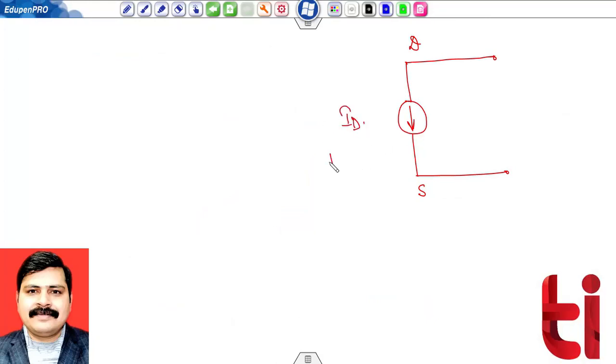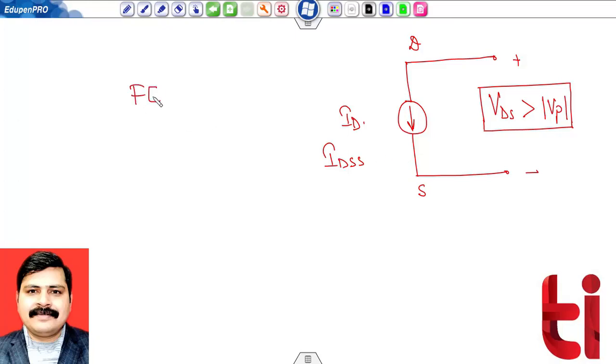This ID will be equal to IDSS when this voltage VDS is greater than the mod value of VP. And in this situation, my FET works as a constant current source.